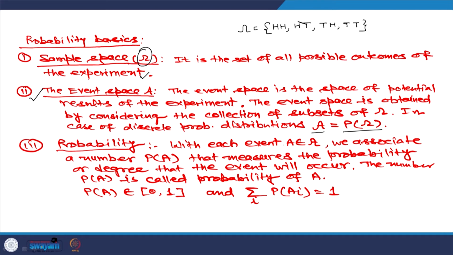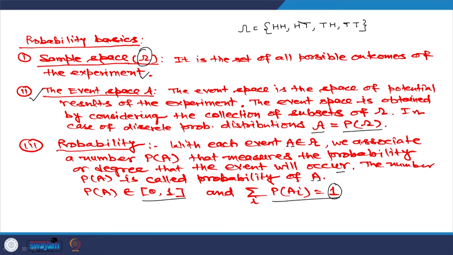With each event A belonging to the event space, we associate a number P(A) that measures the probability, or degree, that the event will occur. P(A) is called the probability of occurrence of event A, it belongs to the set 0 to 1, and the sum of probabilities of all possible events equals 1.